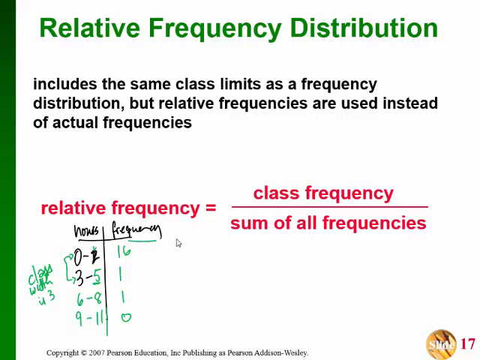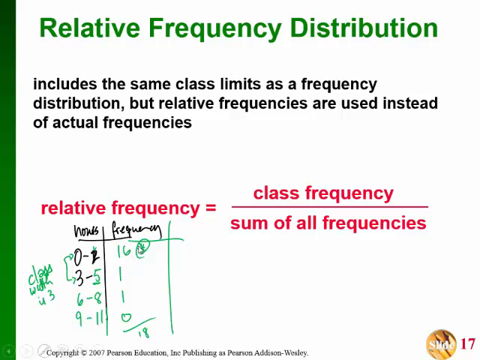Now, what we can do is extend this frequency table to construct a relative frequency table. According to this formula, the relative frequency for each class will be whatever the class frequency is divided by the sum of all the frequencies. So what's the sum of all the frequencies? 18.